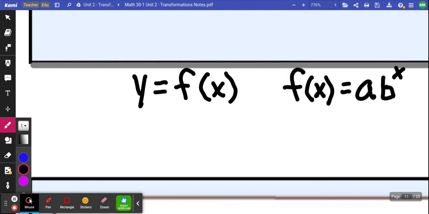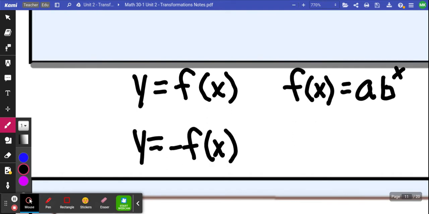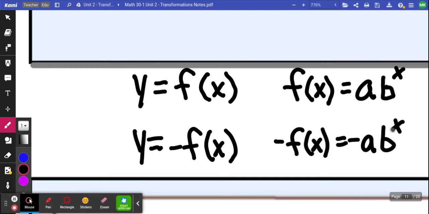And then if I go and I'm like, all right, change it to be like this. I'm saying, go to your function and put a negative in front of it. This is what my function equals. Put a negative in front of it. So negative f of x would look like this. And that kind of concept.